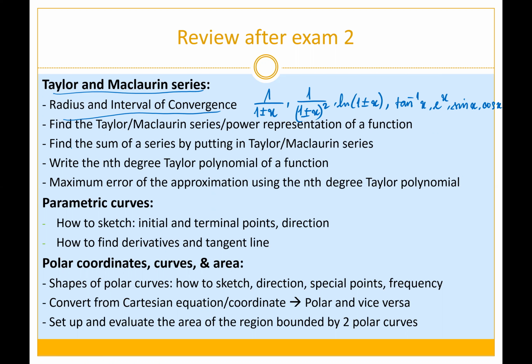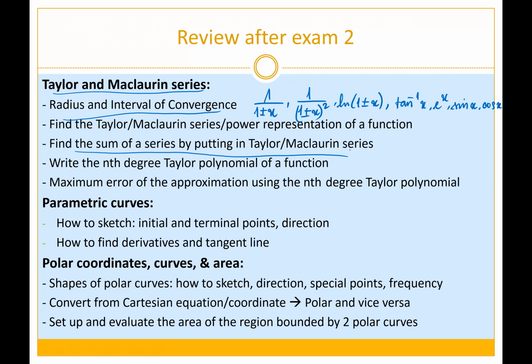Next one is find the sum of a series by putting in Taylor-Maclaurin series. Usually if we're asked to find a sum of a series, either we use what we learned in midterm 2, geometric series, or try to put it in harmonic series and find things that cancel out. In the part after exam 2, we can also have another method.